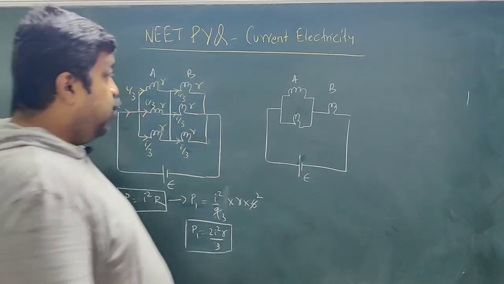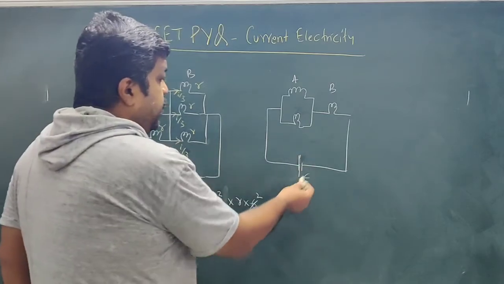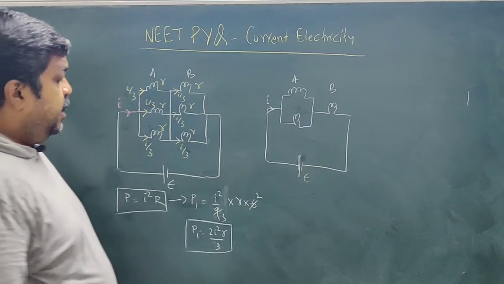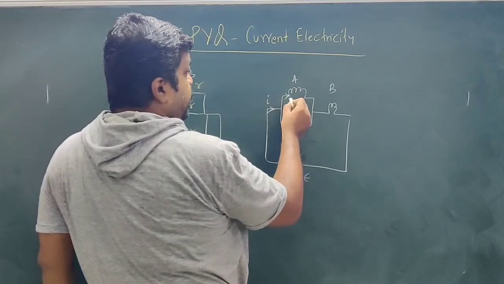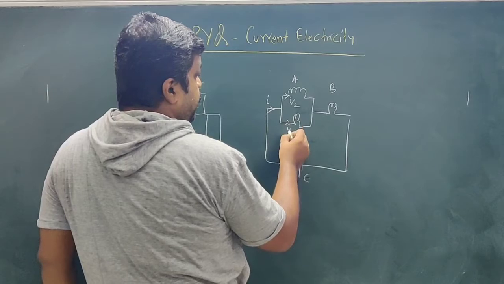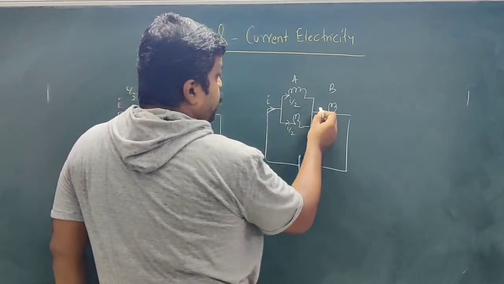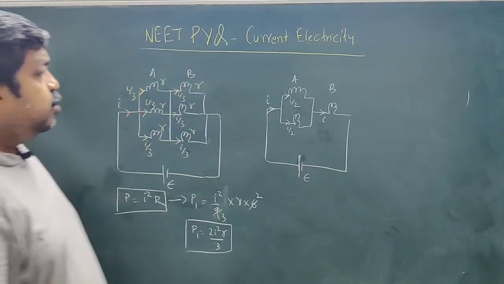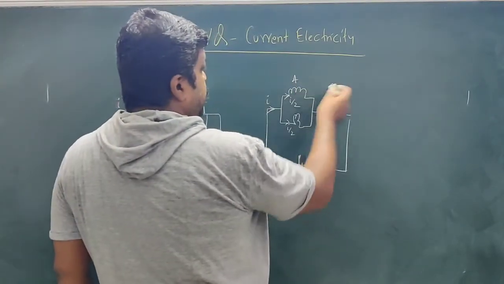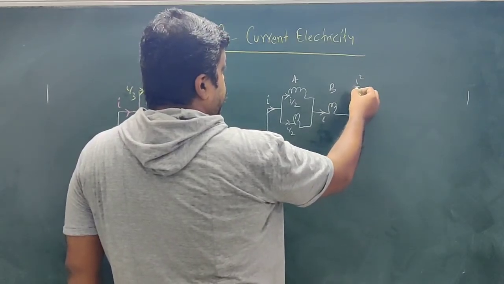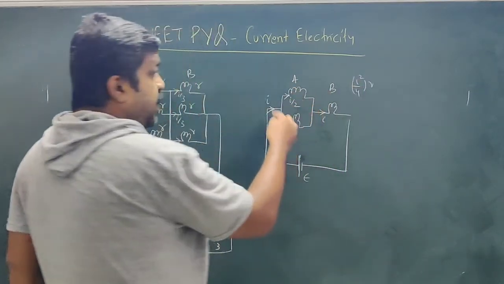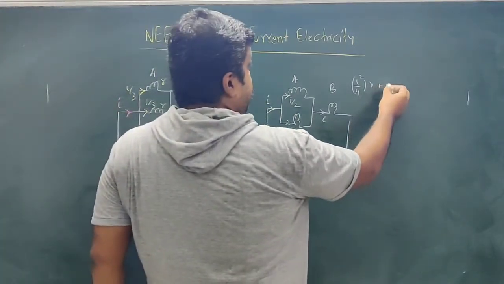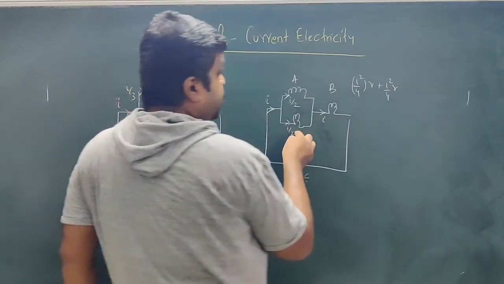Now how about this case? Here again this cell is going to send current I. Now this current will be divided as I by 2 and I by 2, and these get combined, so this is I, correct? So here power consumption will be (I by 2) square into R, that is I square by 4 into R, for each of the two bulbs, and I square R for the third bulb. So this is the total power consumption in the second case, P2.